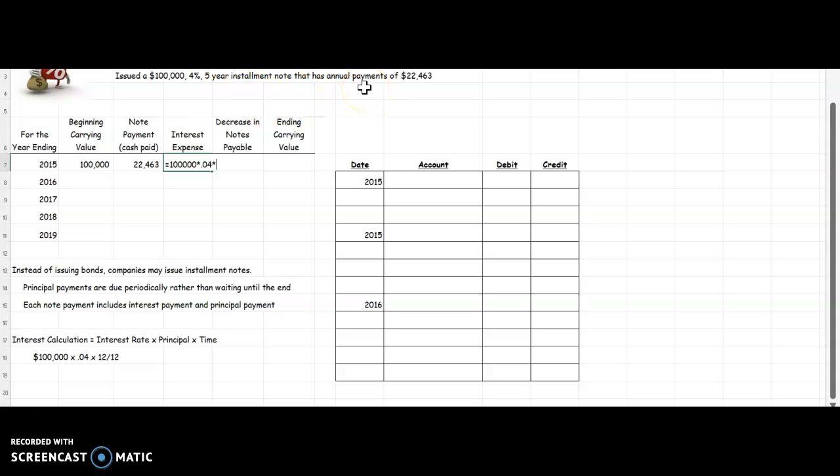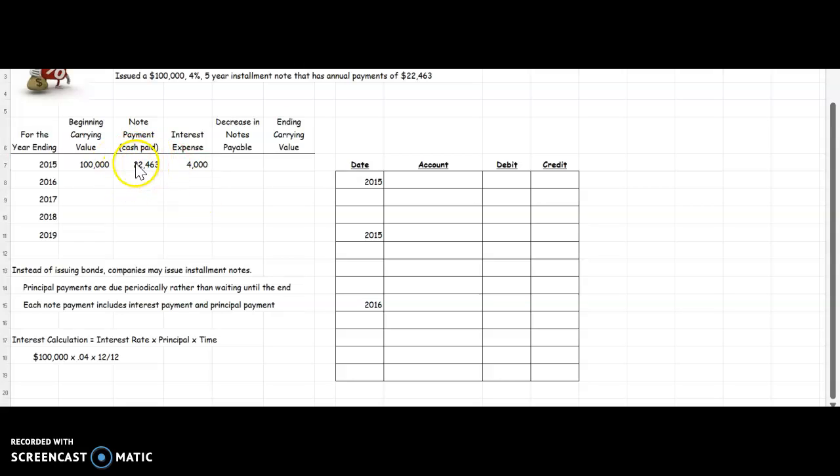So it pays every 12 months. So you would do 12 divided by 12. Okay, I have it down here also. You could put 1 because it is annual, or you could just leave it off since it's times 1. So here's our interest expense for 2015.